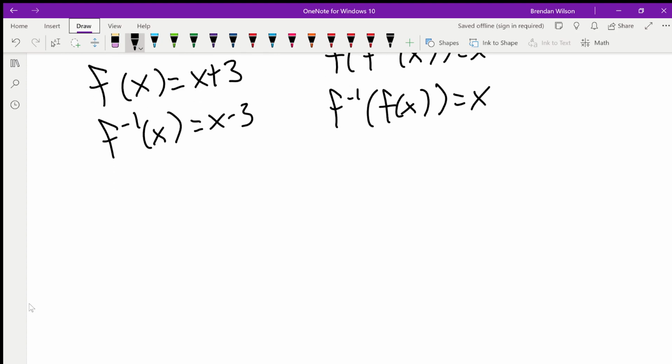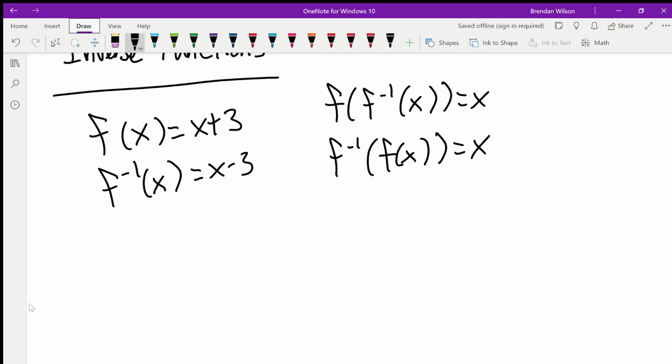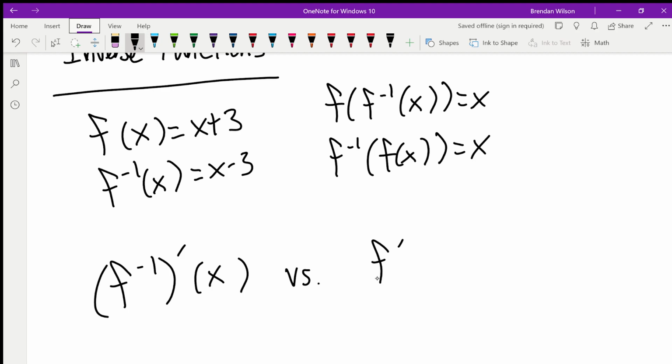So first, a little bit about the notation here that can get a little bit confusing. When we are using the inverse notation and the derivative notation, specifically the prime notation, we want to differentiate between f inverse prime of x and f prime inverse of x, right?